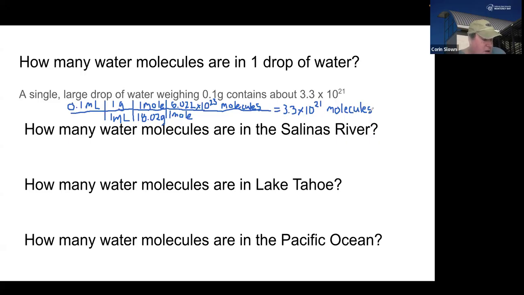When I went to estimate the number of water molecules in the Salinas River, when the dam is full is one way to estimate that reservoir, but it's actually nigh impossible to know the full volume of the Salinas River because so much of the water that sources it are in aquifers below ground. And while there are some mechanisms to think about the size of those chambers and the volume of water in them, it's actually pretty tricky.